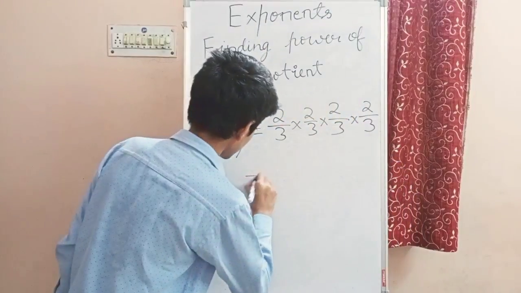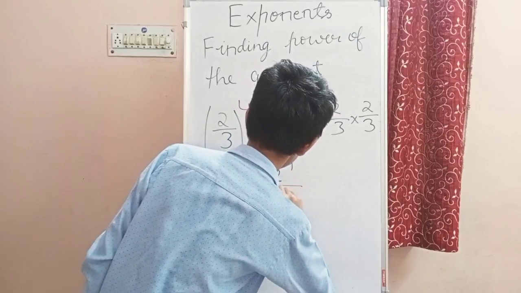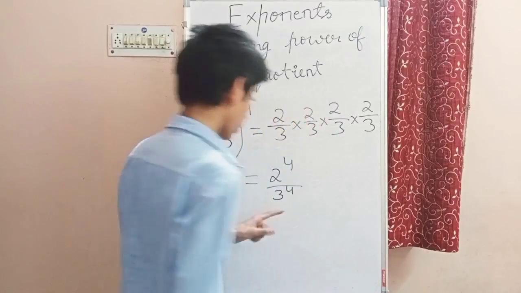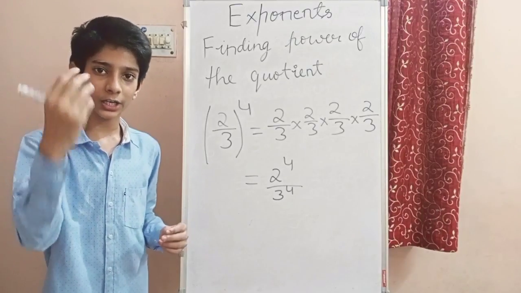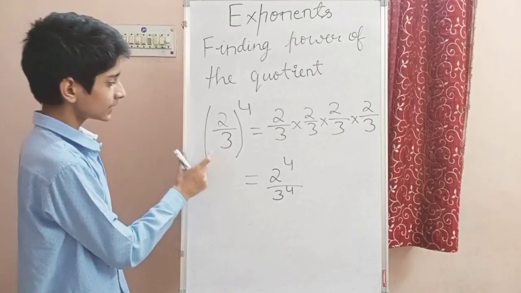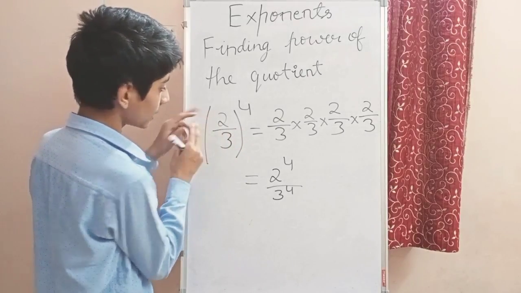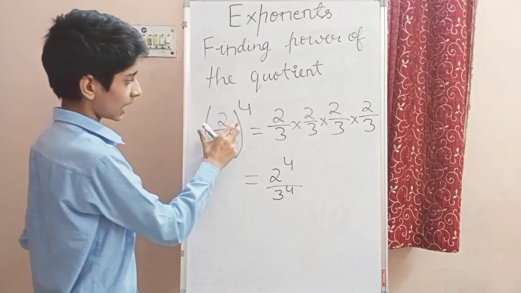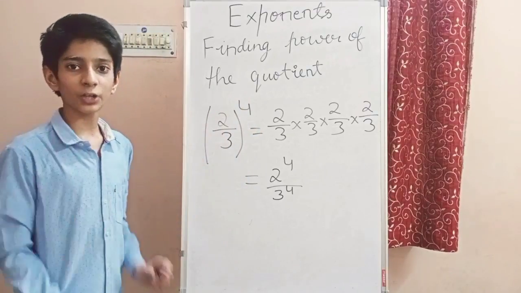It means it is equal to 2 raised to the power 4 upon 3 raised to the power 4. This was the same thing as in the third law. Okay, in this here it is a question. It means if these two, 2 upon 3, are in bracket and they have a power of 4, both will have a power of 4.